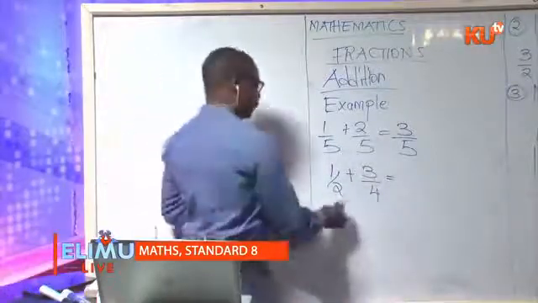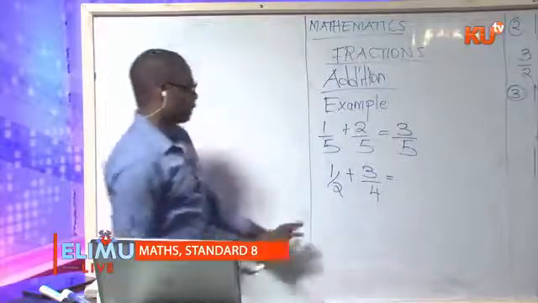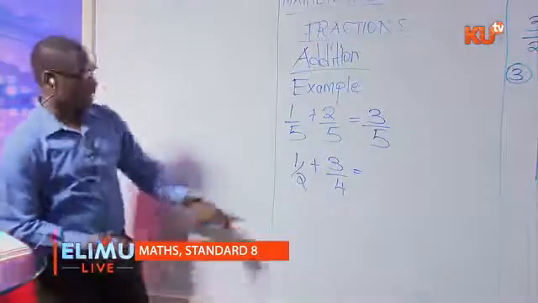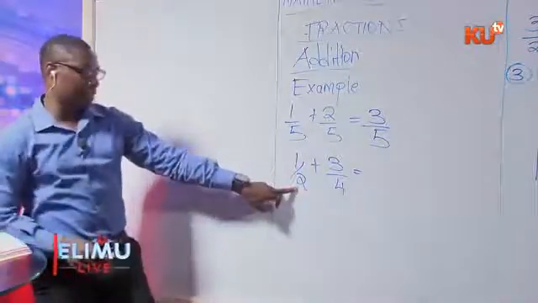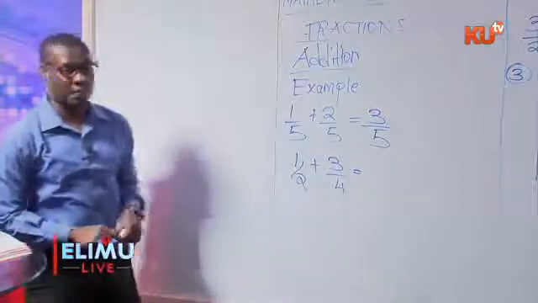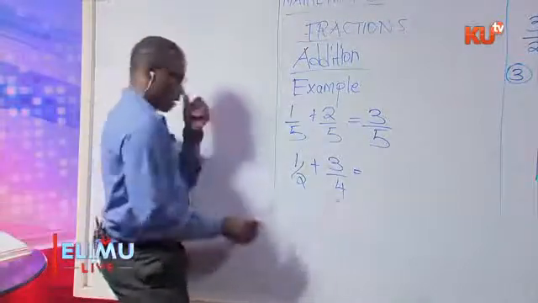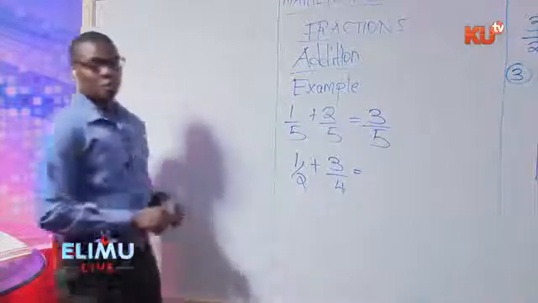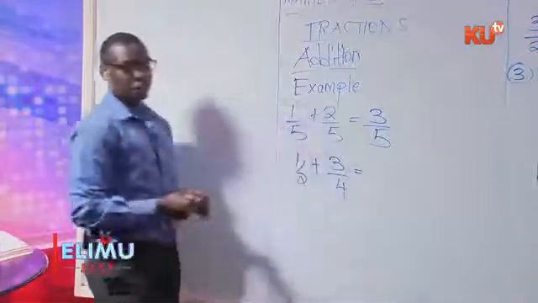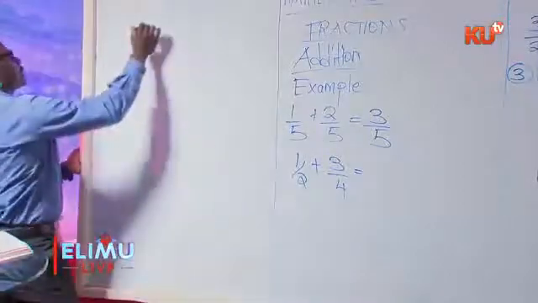Usually, if you have two denominators and the larger denominator can be divided by the smaller denominator, the LCM is always the larger denominator. Like 4 and 2: 2 can go into 4, therefore our denominator here should be 4. But let's work it out with the LCM so that we can be sure.